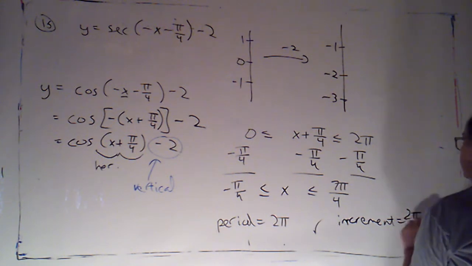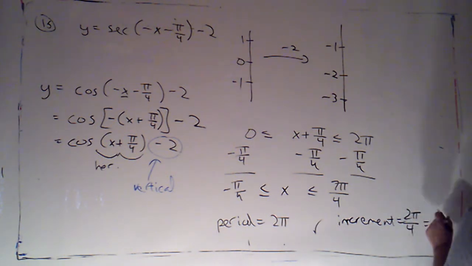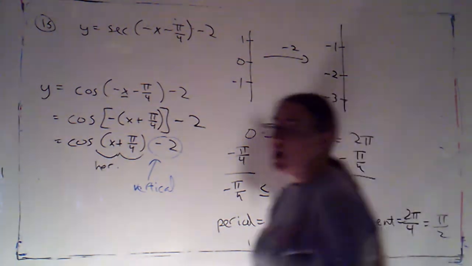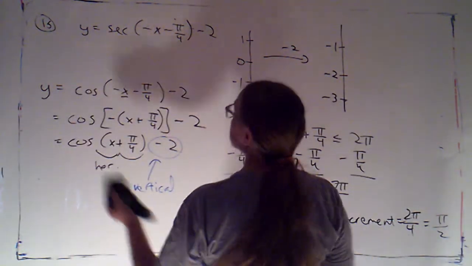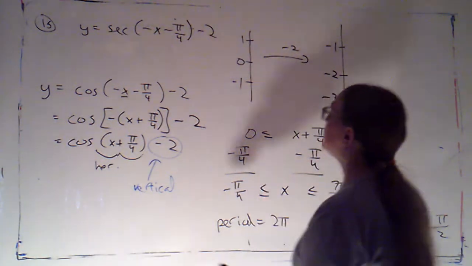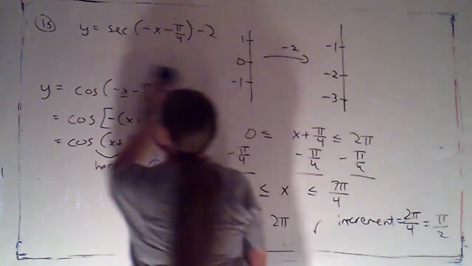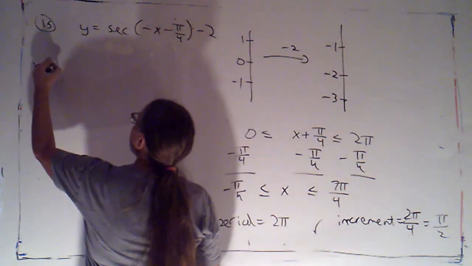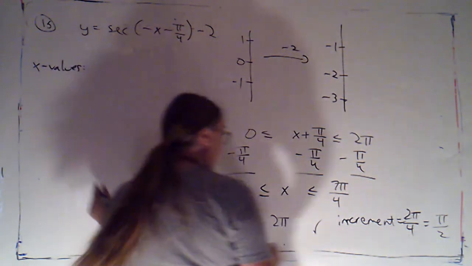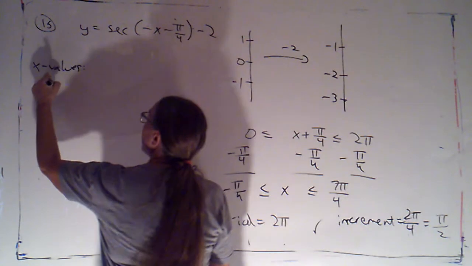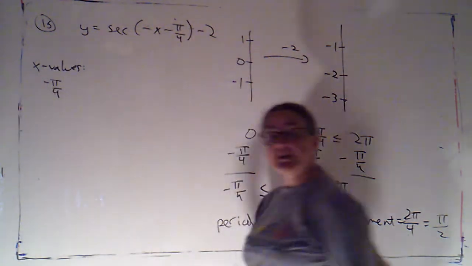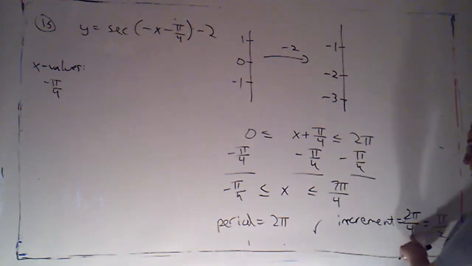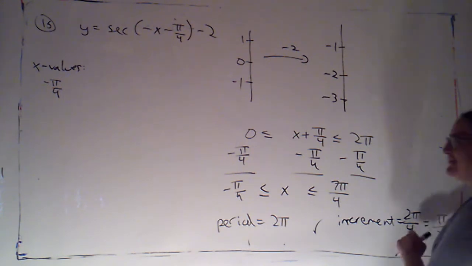So the increment is 2 pi divided by 4, which reduces to pi over 2. So the x values that I care about, let's see. I can record those here. The x values that I care about, I'm going to start at negative pi over 4, and I'm just adding pi over 2, which I conveniently know is 2 pi over 4.